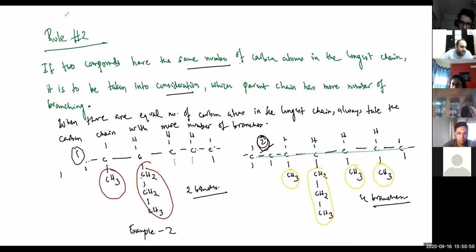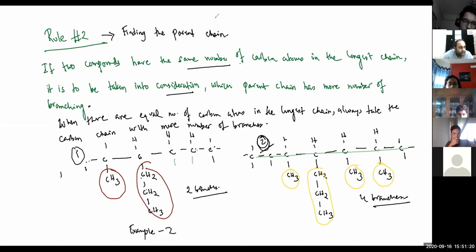I'll give you another example. Sir, if there's more branching in the other compound, if the 2 compounds have different numbers of branches, doesn't it mean that the other compound is different from the first one?